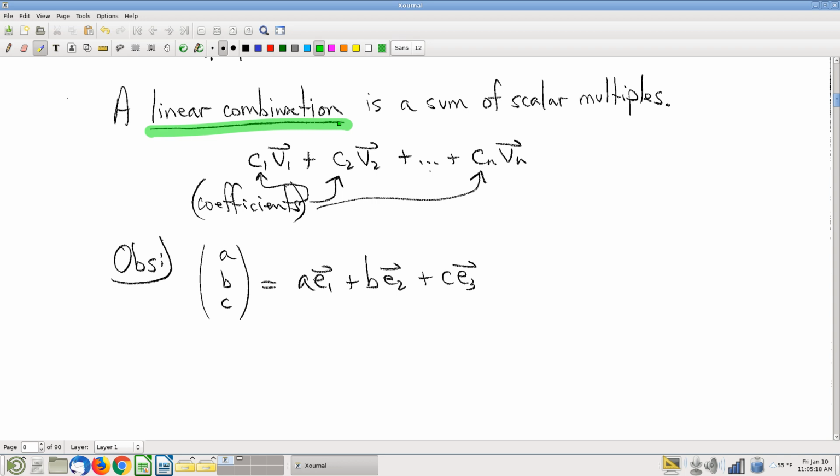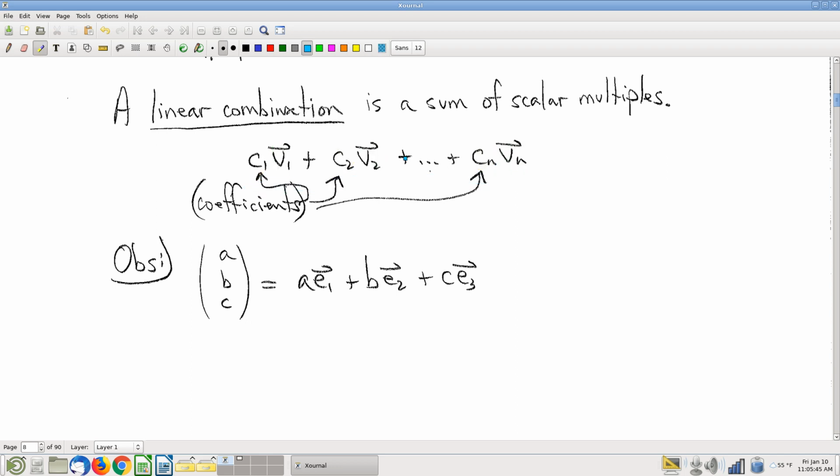And here it is, a linear combination of a collection of vectors. If you have a collection of vectors, linear combination says you're going to scale and then add. So anything that you can make by scaling and adding a collection of vectors is called a linear combination of those vectors.